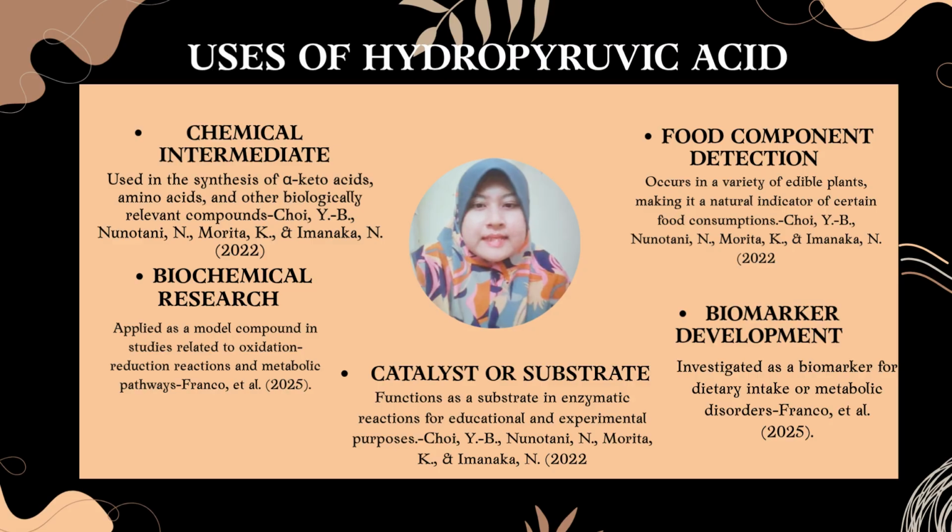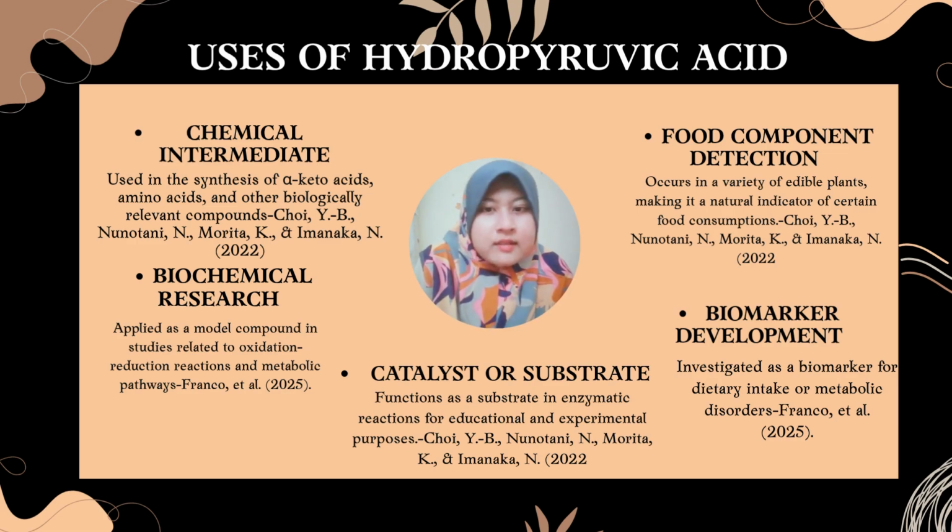So the first use is chemical intermediate, used in the synthesis of keto acids, amino acids, and other biologically relevant compounds. The second one is biochemical research, applied as a model compound in studies related to oxidation-reduction reactions and metabolic pathways.